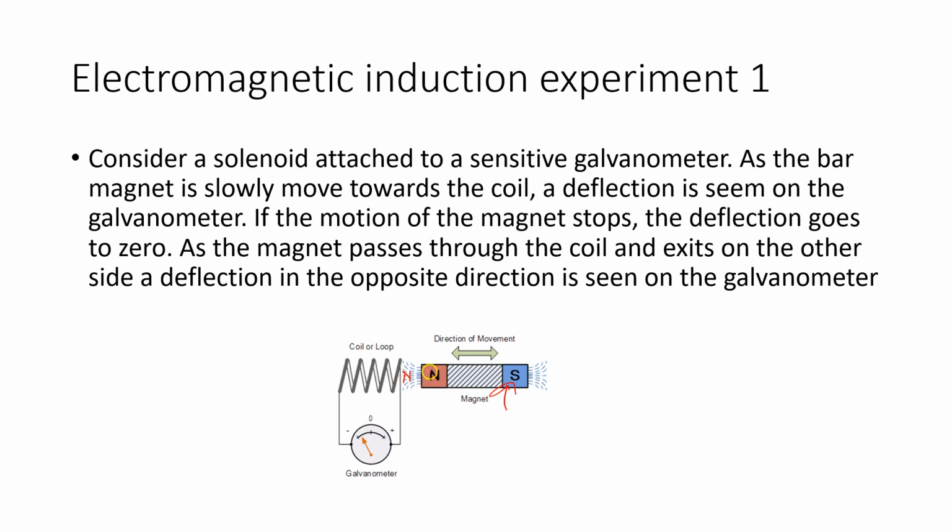So if I have N going towards my coil, then my coil is going to create a north pole right in front, because its tendency is to repel. But now we want to see the direction of the current. We want to see where the direction of the current is going to go. So let's look at this.